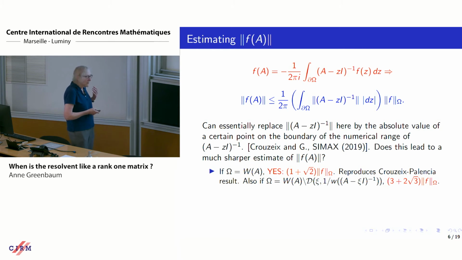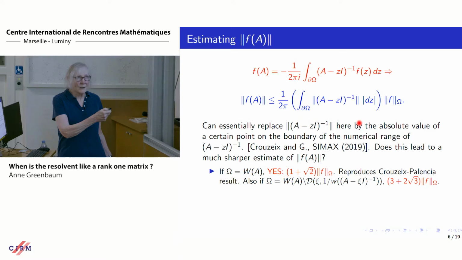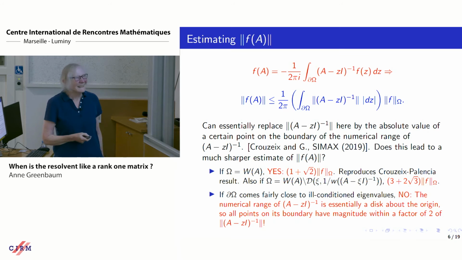Do we get a better result than the result from pseudospectra, where the epsilon pseudospectrum is the set where the norm of A minus zI inverse on the boundary is equal to epsilon inverse? So then this integral just becomes the length of the boundary curve over 2 pi epsilon times the norm of f on the pseudospectrum. Well, the answer is no, I did not get better results.